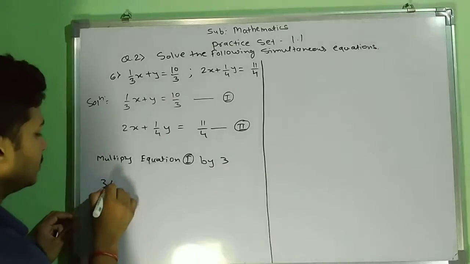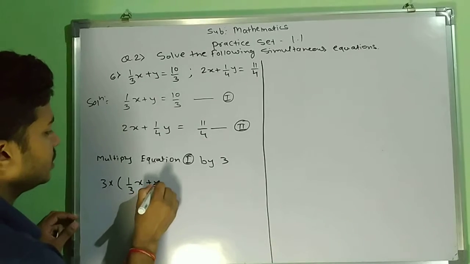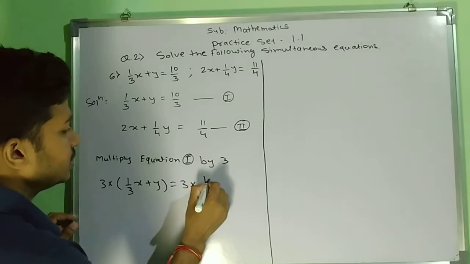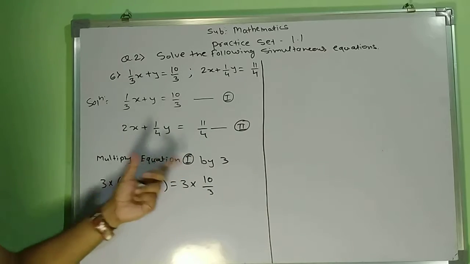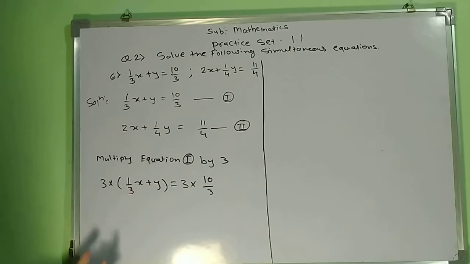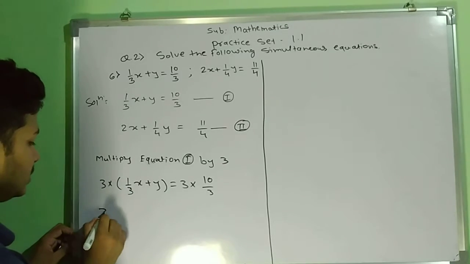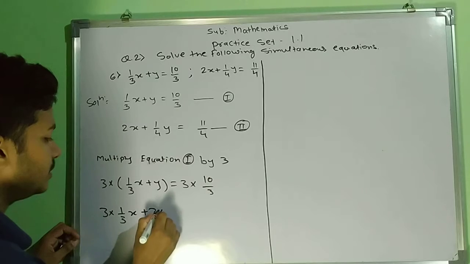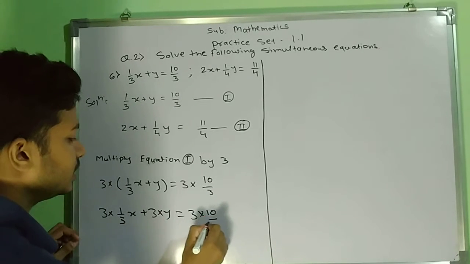So it will be 3 multiplied by 1 by 3x plus y, equal to 3 multiplied by 10 by 3. Multiplying equation 1 by 3 means we have to multiply 3 with both sides. So after multiplying: 3 times 1 by 3x plus 3 times y, which is equal to 3 into 10 by 3.